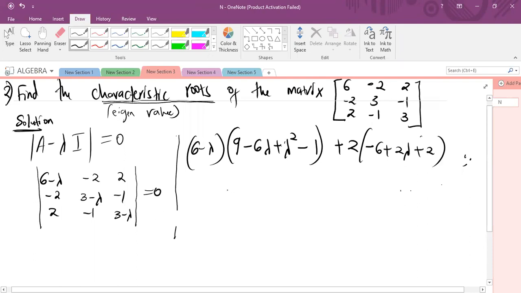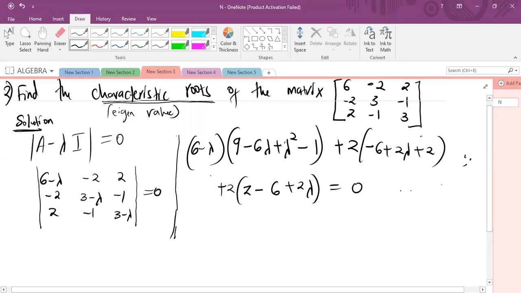Then finally, plus 2, the last position, delete the row and column in which this lies in. Then this and this will give 2, minus, this and this will give minus 6. And then minus 2 lambda, that will give plus 2 lambda. And this is supposed to be equal to 0.